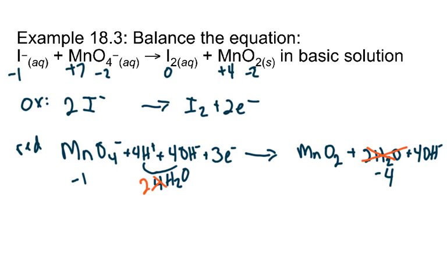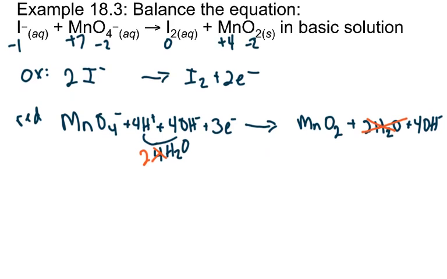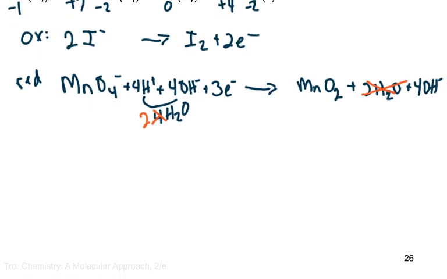Because now I'm at -4 on my reactant, -4 on my product, so I have balanced for charge. Next, I need to multiply both reactions this time, because 2 and 3, so I'm going to multiply my oxidation reaction by 3. I'm going to multiply my reduction reaction by 2.